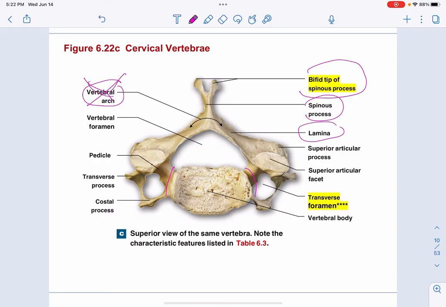So please don't take this over what I said earlier when I showed you the picture of the vertebral arch. The vertebral arch is everything, including the lamina, the pedicles, the transverse process, and the spinous process, everything but the body.